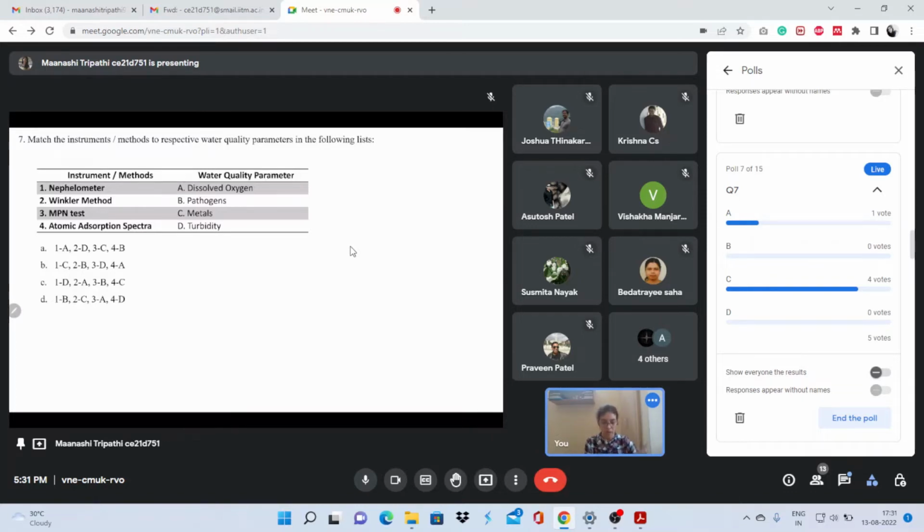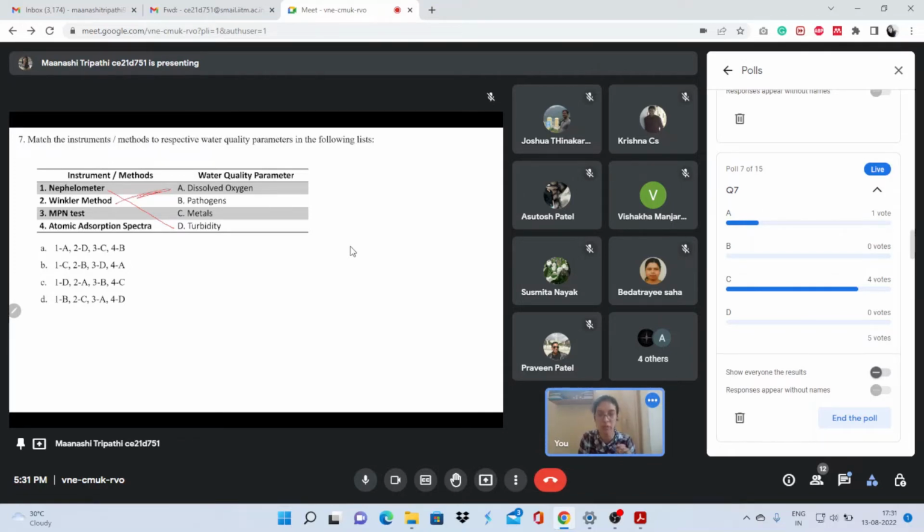Okay. So we have already seen that the nephelometer measures turbidity at the angle of 90 degrees. Winkler's method is used for the calculation of dissolved oxygen. We acidify the sample and we measure dissolved oxygen.